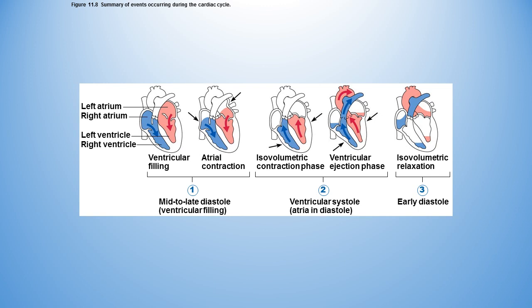That increased pressure is then going to trigger the semilunar valves to open. And that's when the ventricle is going to contract, and it's going to open the semilunar valves, pushing the blood from the right ventricle up to the pulmonary trunk and from the left ventricle to the aorta.